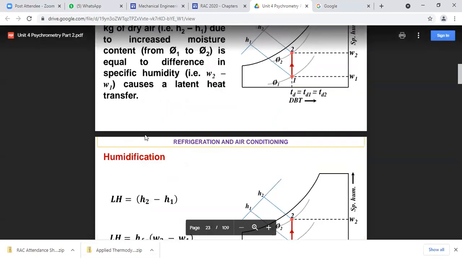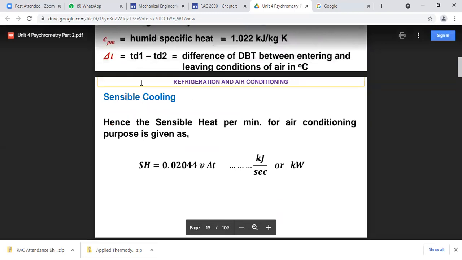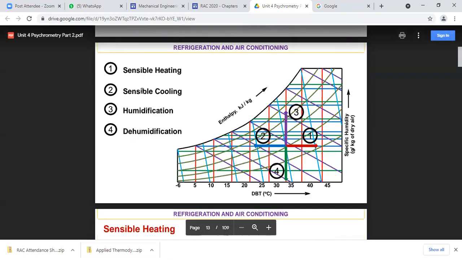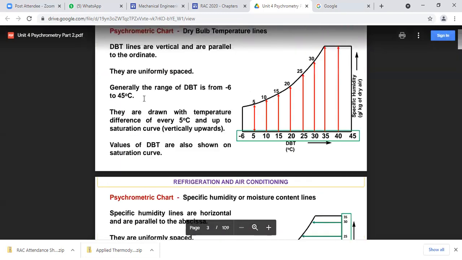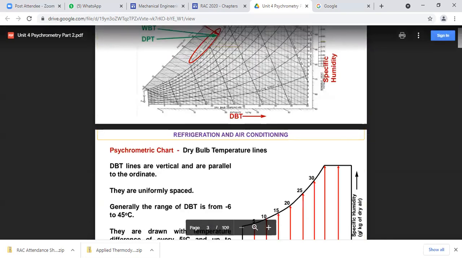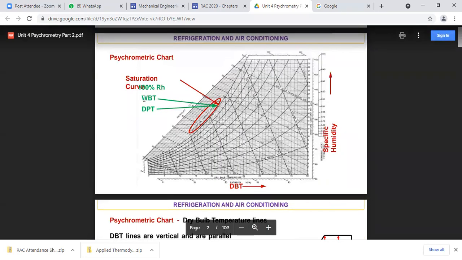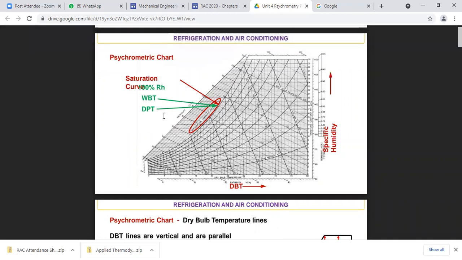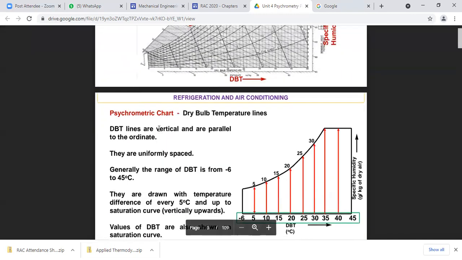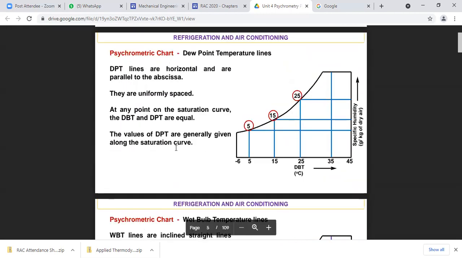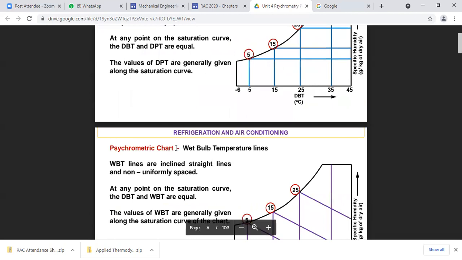So this is all about today's lecture. In today's lecture we have seen the psychrometric properties and the psychrometric chart, in which we saw how the dry bulb temperature and wet bulb temperature are plotted.